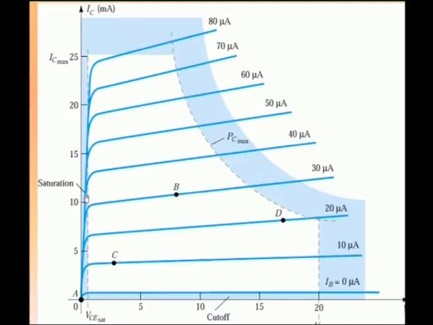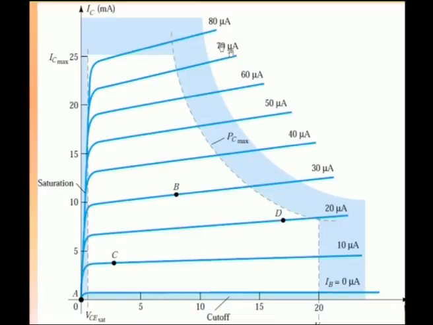So, this is the saturation region, where VCE is less than VCE saturation. The saturation region exists at VCE less than VCE saturation, and the cutoff region exists below IB equal to 0 microamps.